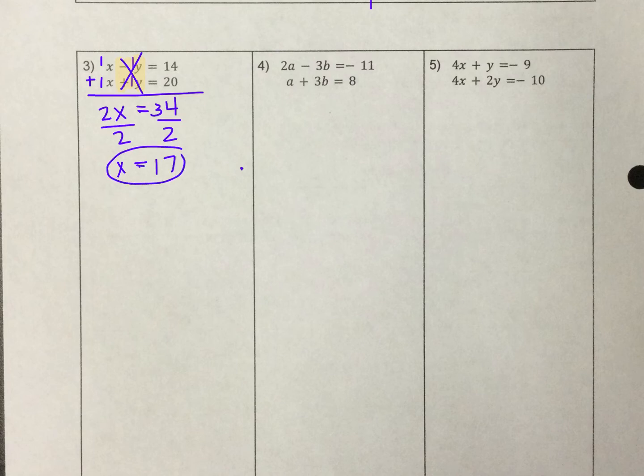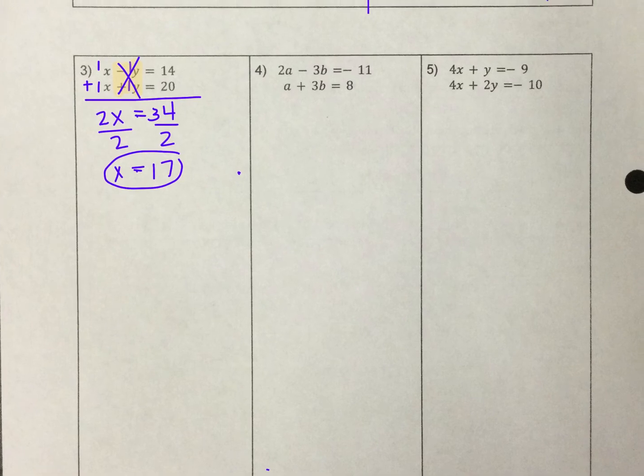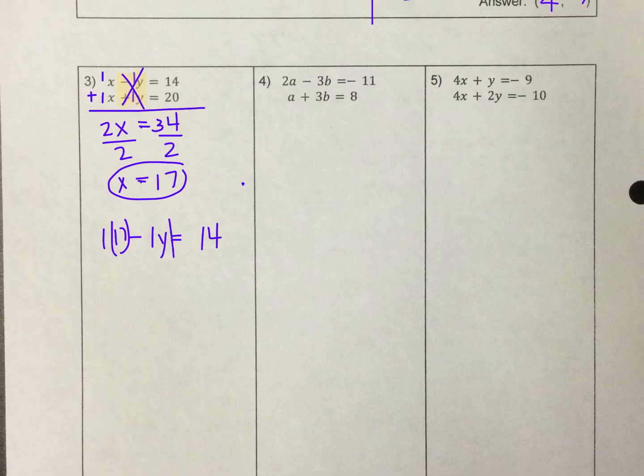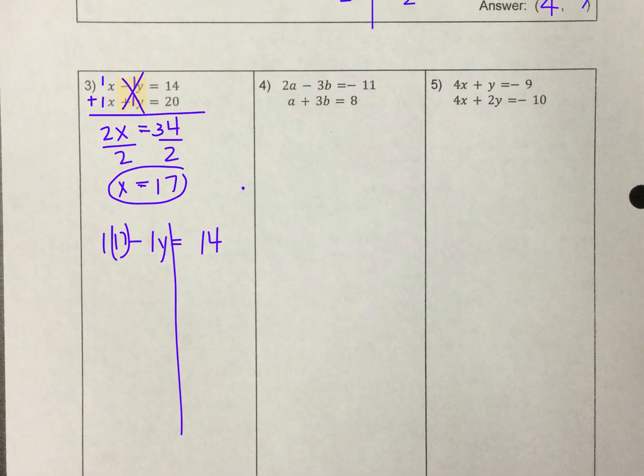Okay, so I got an x. I'm going to rewrite my problem. 1x minus 1y equals 14. I just rewrote the top. Instead of an x, we're going to put a 17 in. So 1 times 17 is 17 minus 1y equals 14.